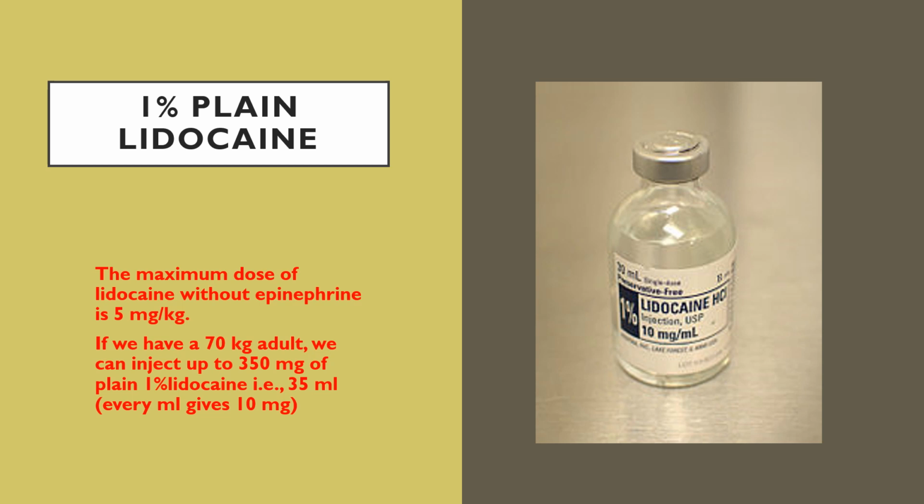So let's stick to the 1%, and you can change when you have a different percentage. As we said, we can inject up to 350 milligram of plain 1% lidocaine. That means 35 ml, because every ml gives 10 milligram.